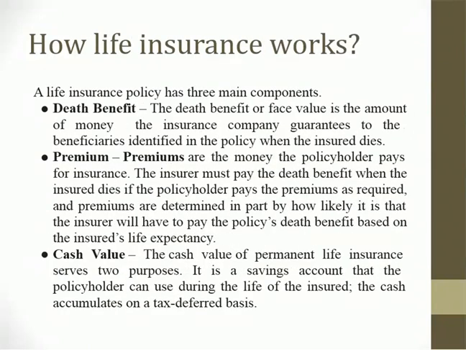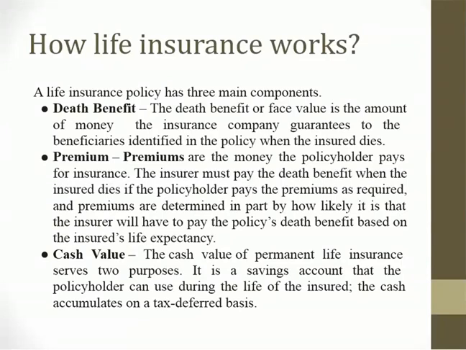Students, we will now try to understand how this life insurance concept works. A life insurance policy has three main components: death benefit, premium, and cash value. Death benefit or face value is the amount of money the insurance company guarantees to the beneficiaries identified in the policy when the insured dies.